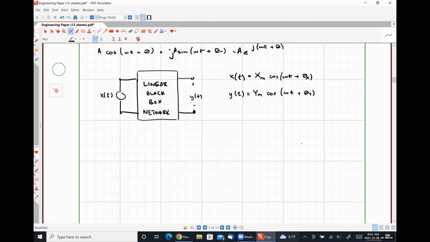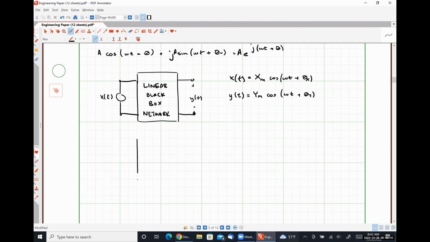So if we take this same linear black box network and we apply a very slightly different input signal. So let's call this X1 and Y1. Sorry for forgetting to do that. So here's X2. And here is Y2.